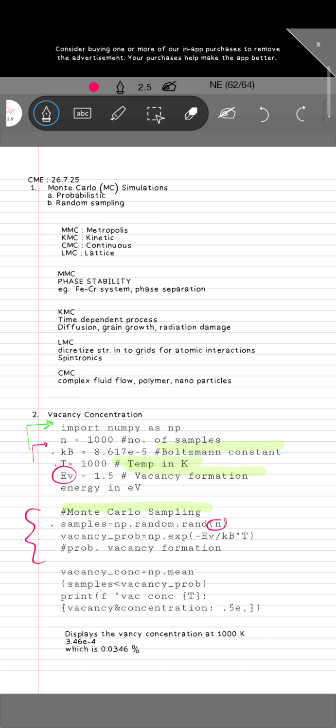So if we take 0.2 for example, it means that the number of samples here is 200. Like that. Now, the probability of vacancy, as previously told, is related to temperature, with this vacancy energy.